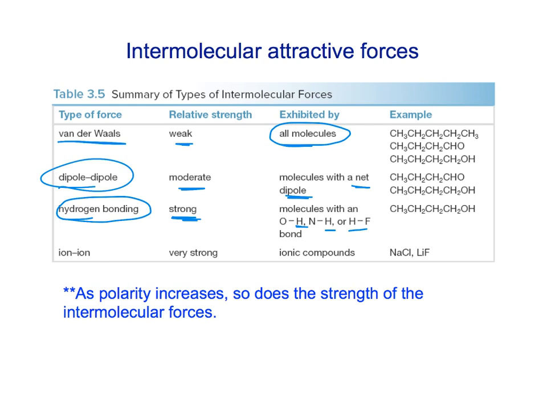The final and strongest type of intermolecular interaction are the ion-ion interactions. These are very strong, and these are present in ionic compounds or salts like sodium chloride, lithium fluoride.